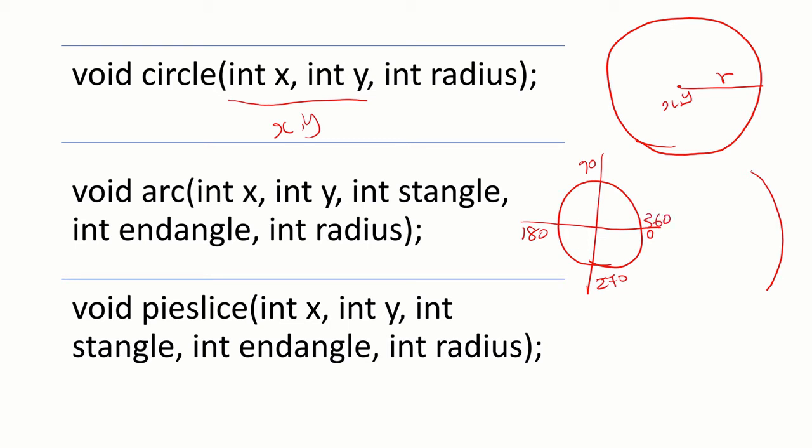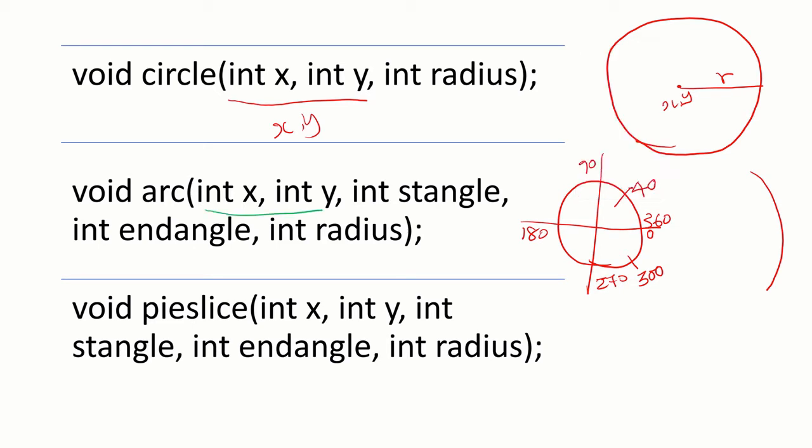If you want to generate a part of a circle, you can mark from here to here. Say I call it from 300 to maybe 40. I will be generating a part of a circle by mentioning the start angle and the end angle.